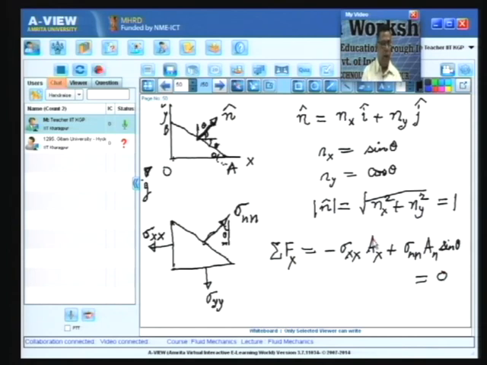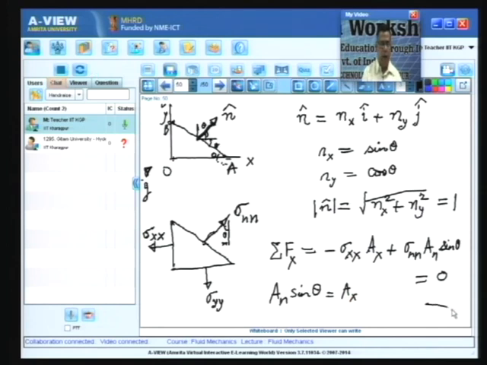Now, A_x is the length of OB into, we can take unit depth in the z direction, and similarly A_n is the length of AB into 1. Now, you can see from this figure that if I take AB sin theta, that is OB. So, A_n sin theta is nothing but A_x.